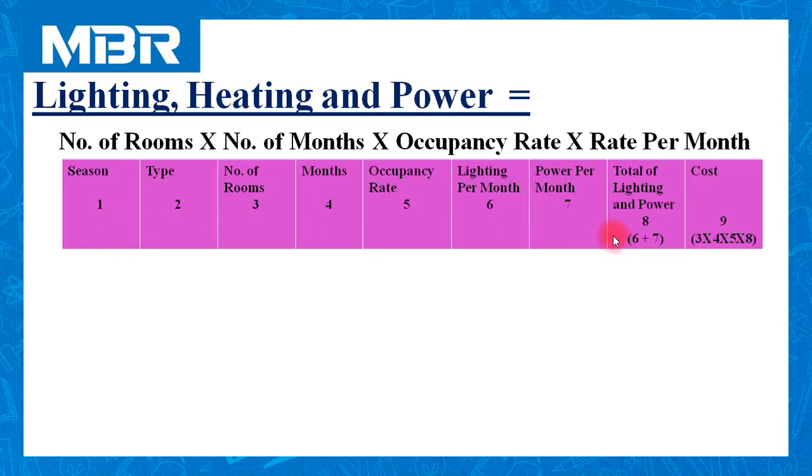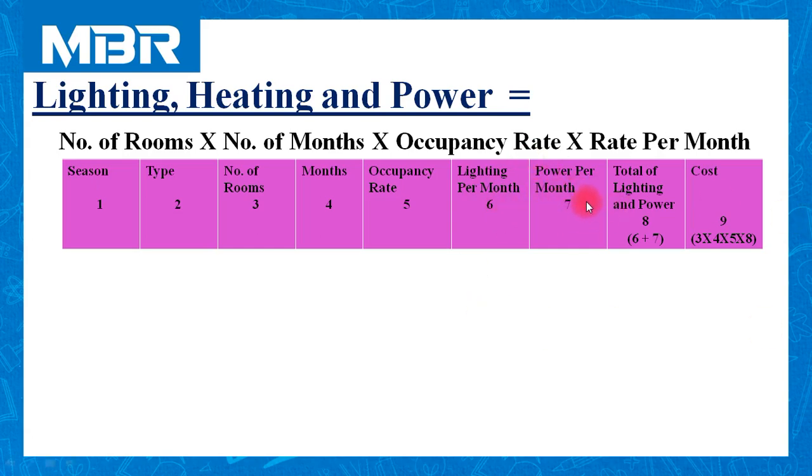Season in column number 1, type of room in column number 2, number of rooms in column number 3, number of months in column number 4, occupancy rate of the concerned category of room in column number 5, lighting per month in column number 6. This number 6 is given in the question for single, double and 3-room suites.